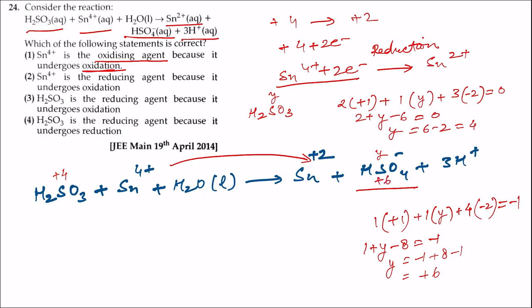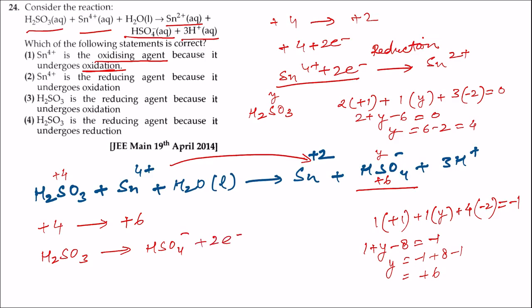So oxidation state of sulfur changes from +4 to +6. It is +4 in H2SO3 and +6 in HSO4 minus, which means that H2SO3 is losing 2 electrons and it is changing into HSO4 minus.